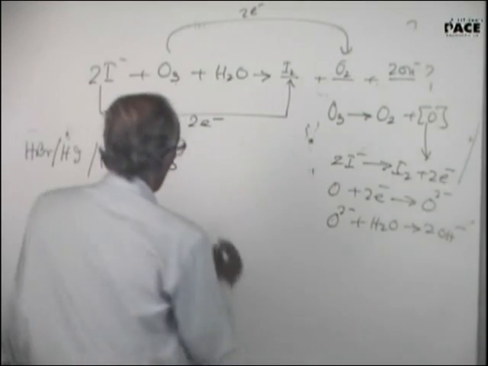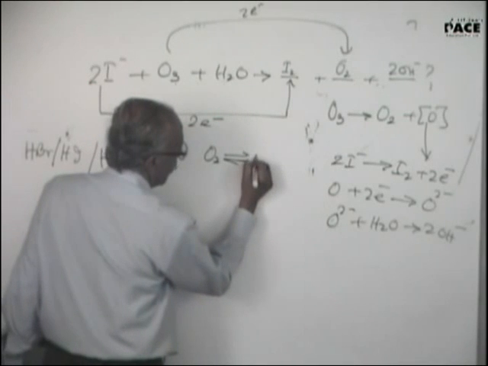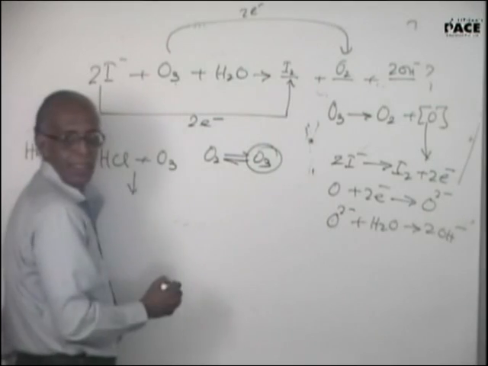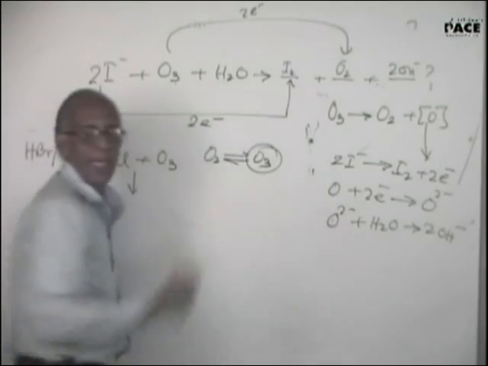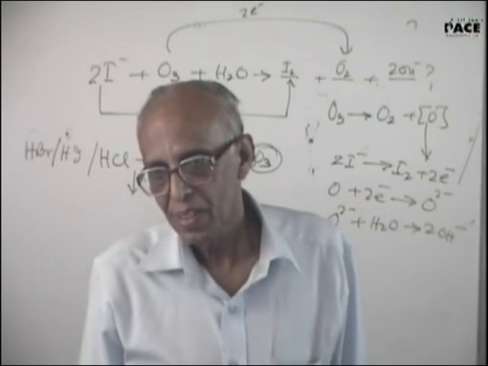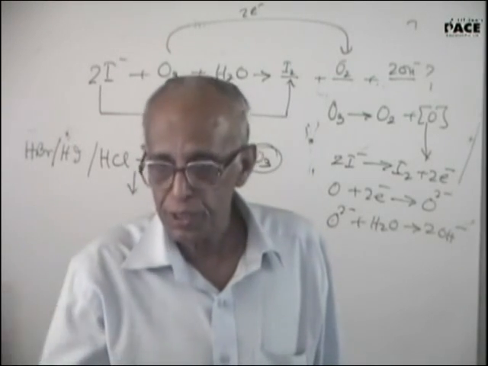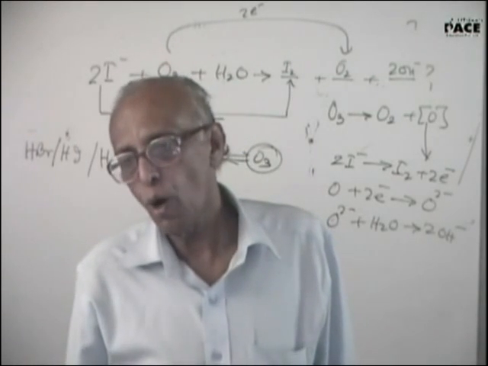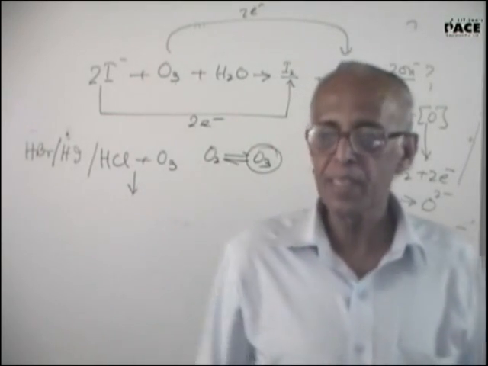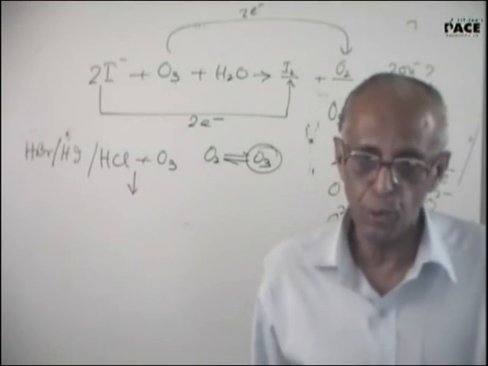Because O3 absorbs energy to convert from oxygen to ozone, because oxygen is more stable than ozone. So ozone will convert into oxygen and nascent oxygen more readily than oxygen going to ozone.